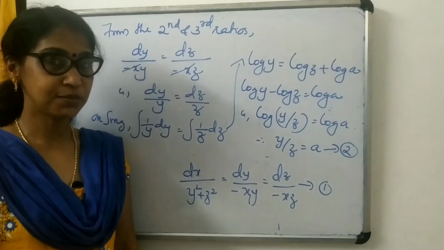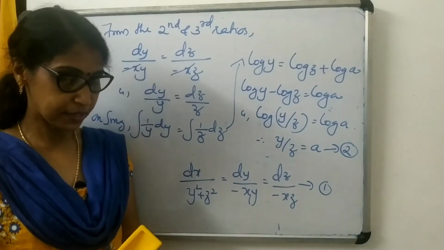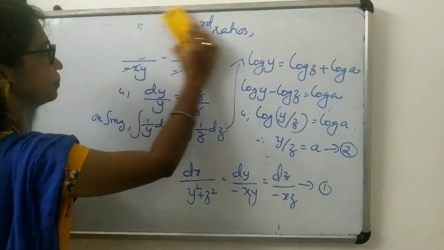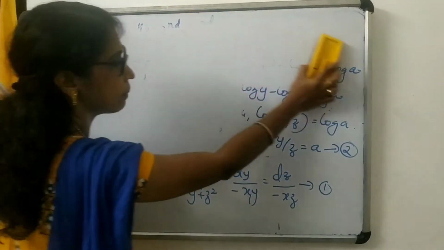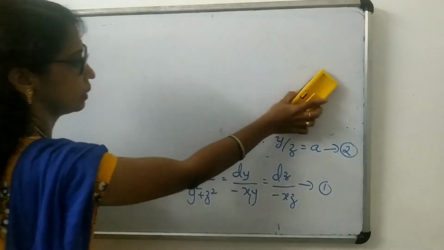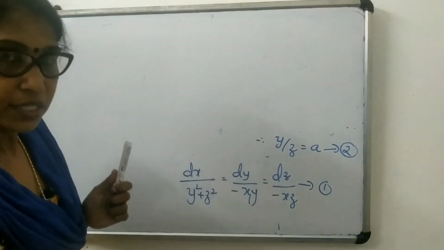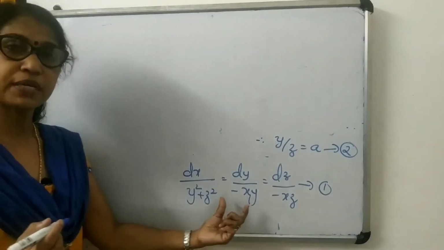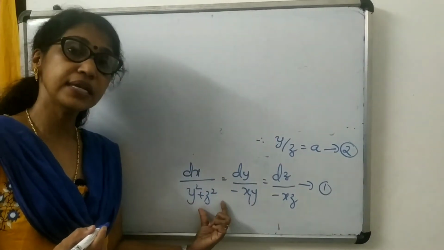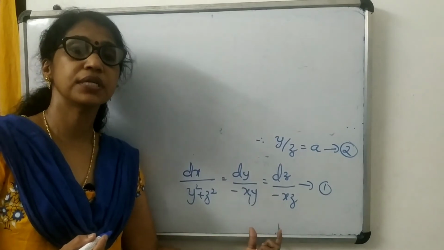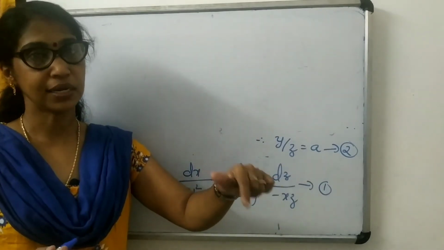Okay, now what is the multiplier method? Now I am going to the multiplier method. As we have studied earlier, in the multiplier method each ratio in the subsidiary equation is equated to another fraction or ratio.